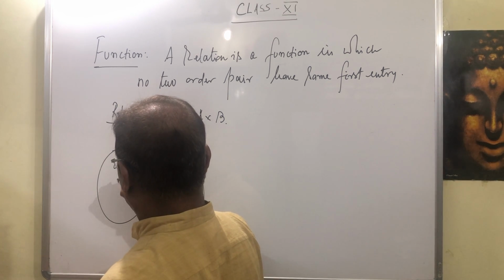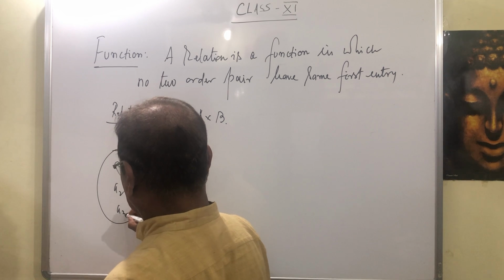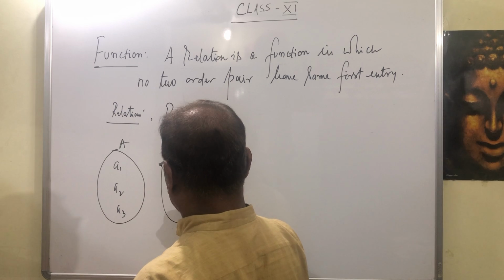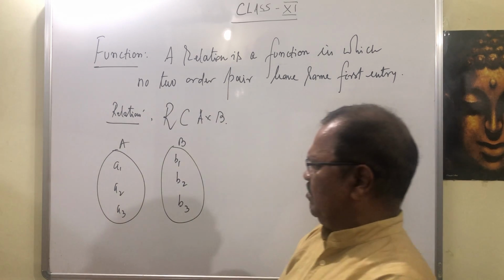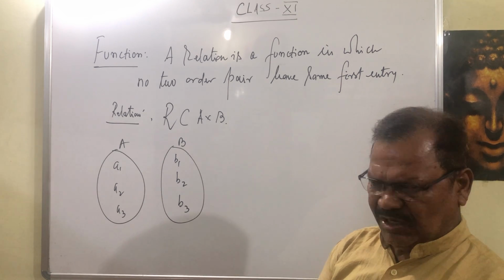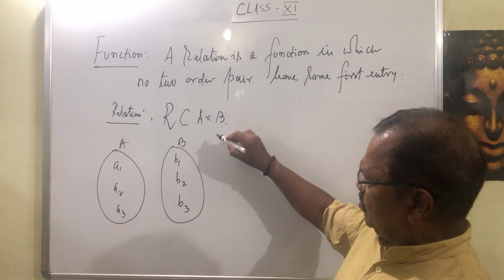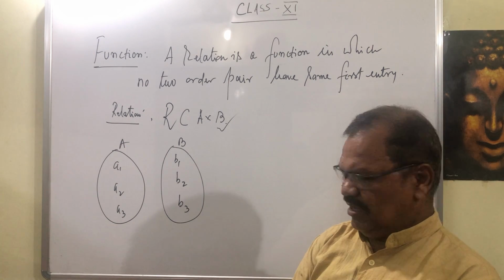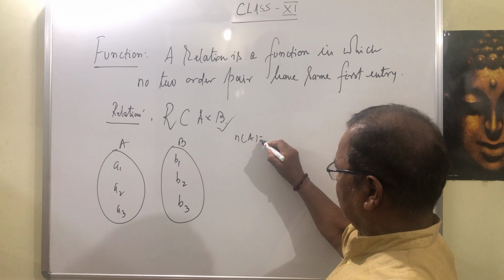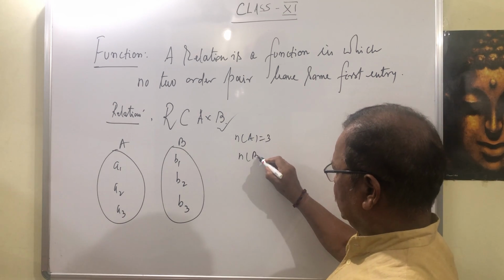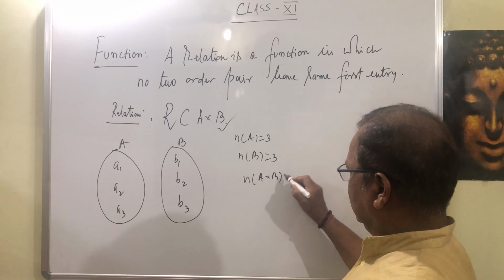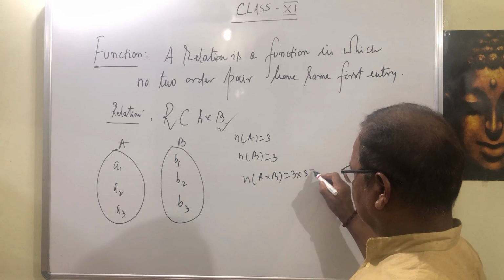Let us take A1, A2, A3 as three elements in set A, and B1, B2, B3 also three elements in set B. Now the correspondence is like this, because relation is a subset of Cartesian product of the two sets, and we know number of elements in set A is 3, number of elements in set B is also 3. So number of elements in A cross B is equal to 3 into 3, that is 9.